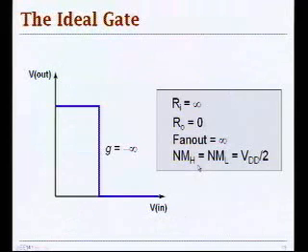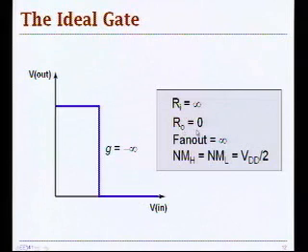Okay. And then we introduced the ideal gate that has all the good properties from the noise margin standpoint and also drive capability. So the ideal gate would have logic level 1 at VDD, logic 0 at 0. It will have VDD over 2 noise margins, so it would be able to tolerate quite a bit of noise.